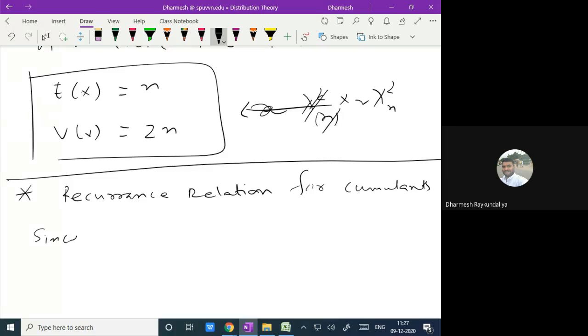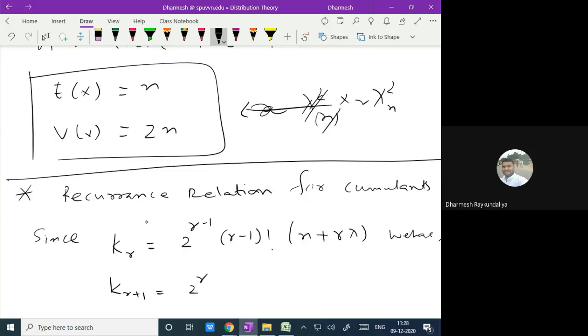Since Kr, that is the rth cumulant we have obtained, is nothing but 2 raised to r minus 1, r minus 1 factorial into n plus r lambda, we have Kr plus 1 equal to 2 raised to r factorial, n plus r plus 1 lambda.